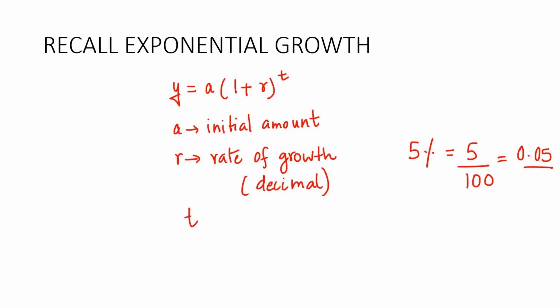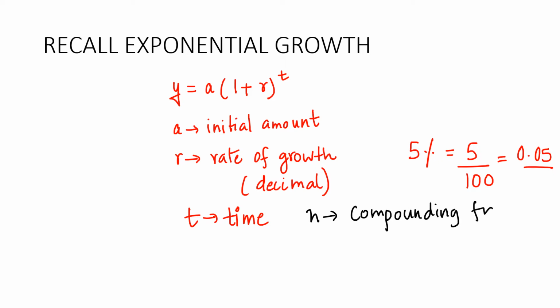Next is your t, which represents the time. Now, this time will vary accordingly, depending on whether we have a problem based on compound interest. And if it is a compound interest problem, then we are going to also refer to one more term, which is n, which here would represent the compounding frequency.